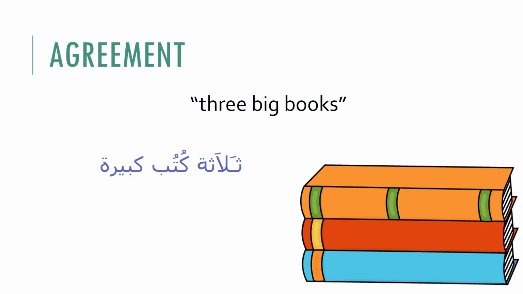The number disagrees in gender with the singular form of the noun. Kitab is masculine, so you use thalatha. And the adjective used is for the feminine singular, just like with every other collective noun, kabira. So, 3 big books, thalathat kutub kabira.